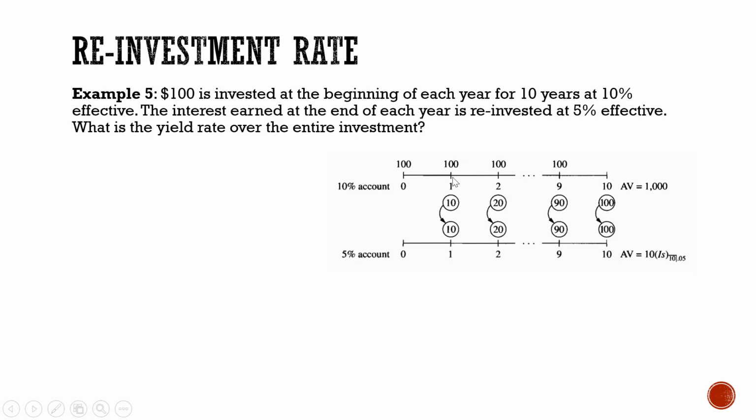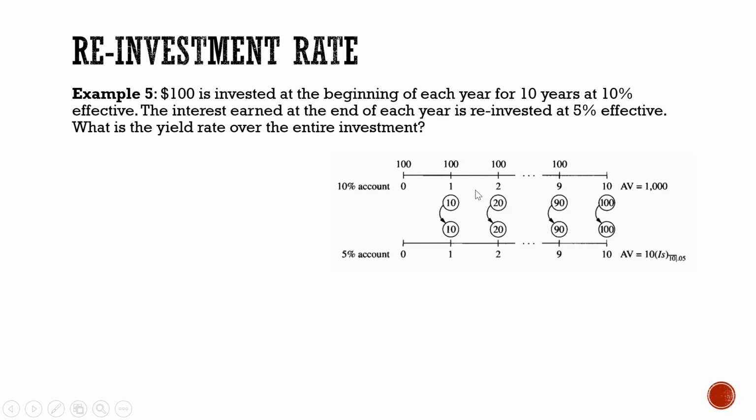So at time 1, we have $200 after we withdraw the $10 interest. So at time 2, $200 accumulates to 200 times 1.1, and the interest is $20.